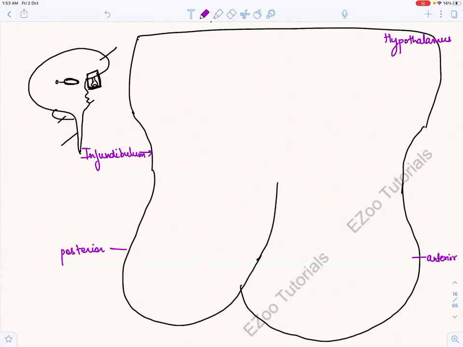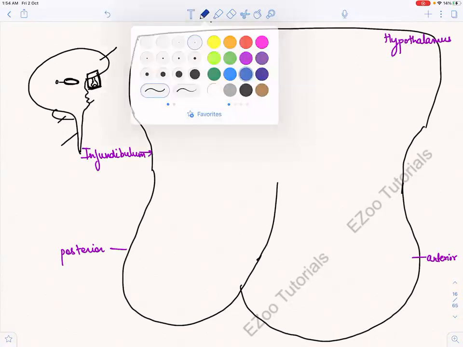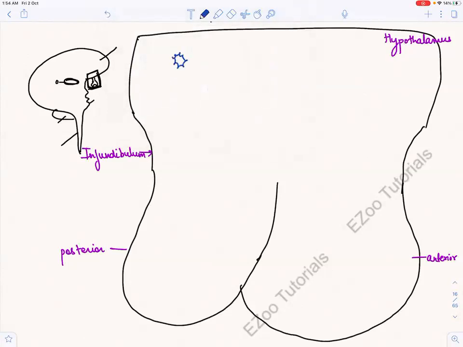Now there are clusters of nuclei. What are clusters of nuclei? These are the cell bodies, multiple cell bodies in the hypothalamus. So suppose these are cell bodies, or you can draw them as multiple cell bodies, right? They all have different names which we are going to see.